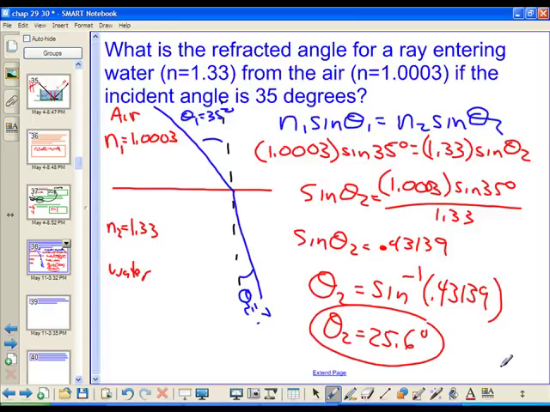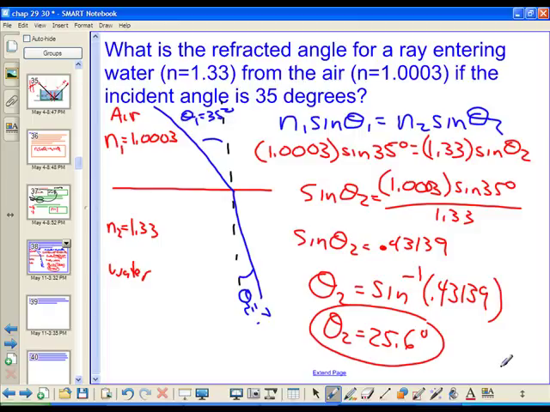I didn't put the first answer right. So I put in what you put in, but it came up with... Is your calculator in radians? I don't know. Did you put in 0.43139? Yeah. You might be in radians.